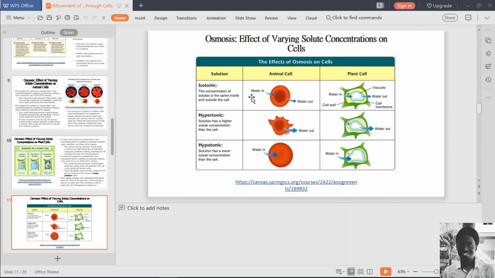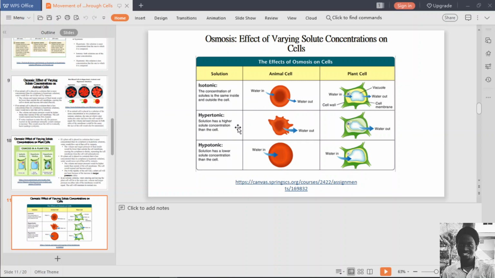So remember, if an animal cell is placed in an isotonic solution, it would maintain its shape and structure because the amount of water entering is the same as the amount of water leaving the cell. Same thing with a plant cell. The amount of water entering would be the same as the amount of water leaving in an isotonic solution, so the plant cell would maintain its shape and structure.